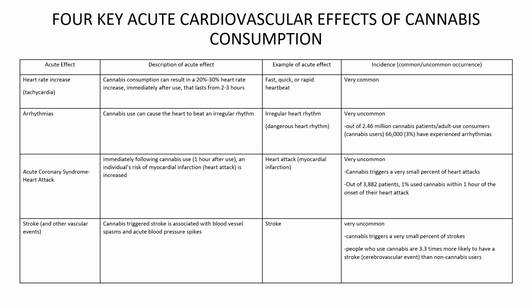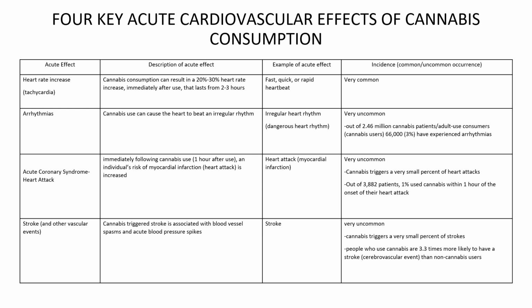Cannabis use can cause the heart to beat in an irregular rhythm. Out of 2.46 million cannabis patients or adult use consumers, 66,000 or 3% have experienced irregular heart rhythm. Immediately following cannabis use, or 1 hour after use, an individual's risk of heart attack is increased. It's very uncommon, however.